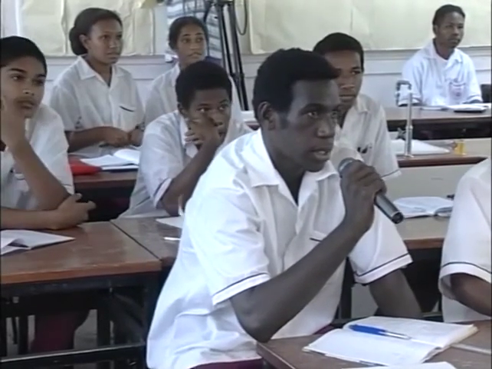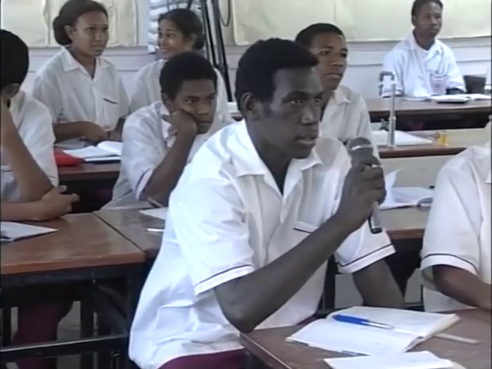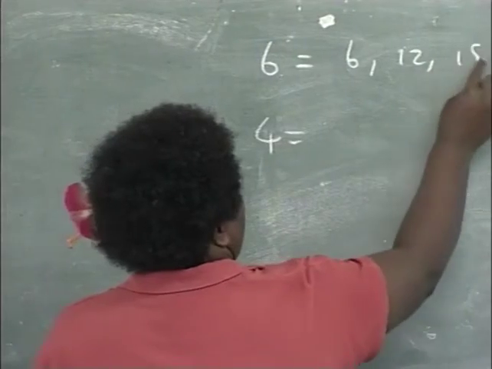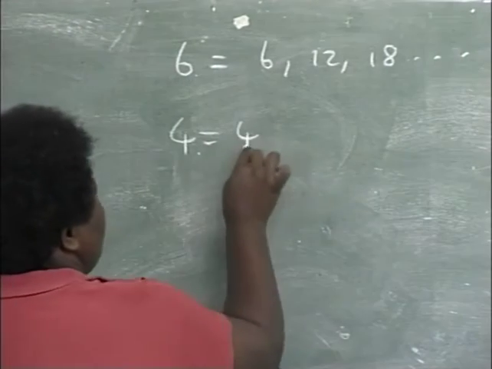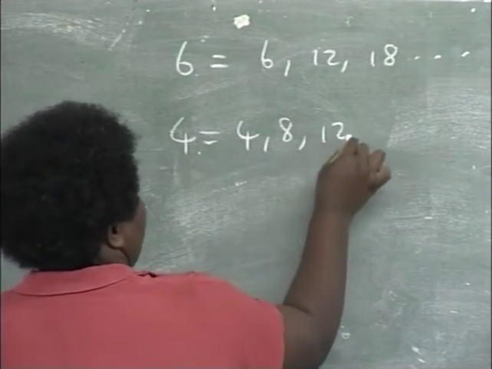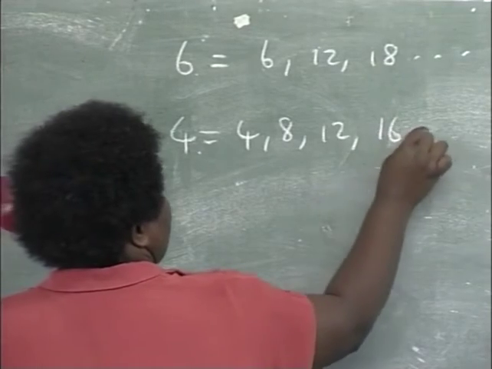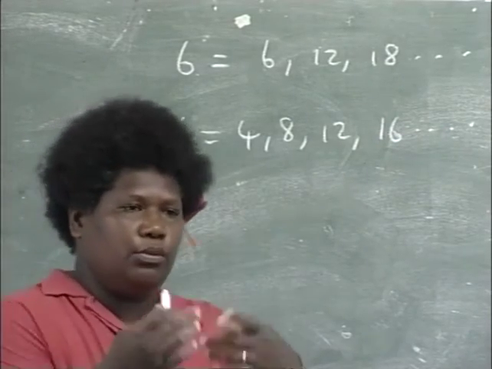You look for the multiples of 6 and 4. Okay, multiples of 6 will be 6, 12, 18, and so on. Multiples of 4 will be 4, 8, 12, 16, and so on. Then what do you do?